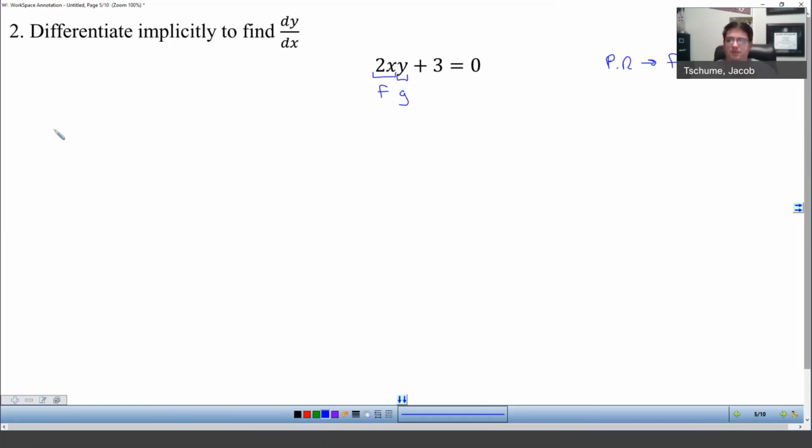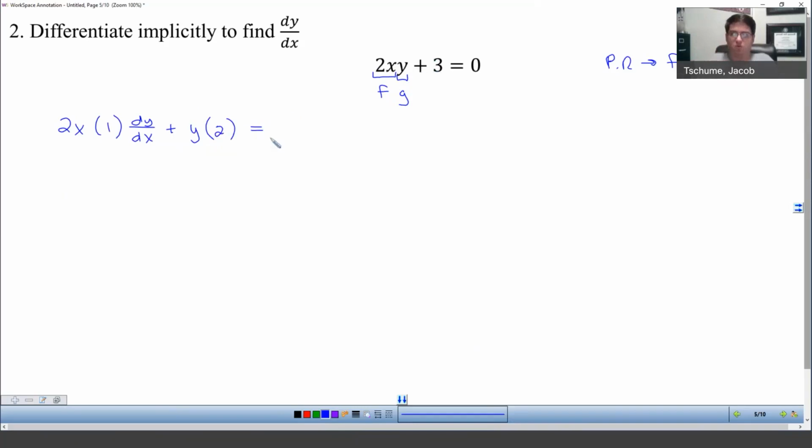If I follow this rule, doing my implicit derivative of the product rule, I'll take my f, which is 2x, multiplied by the derivative of g. Now, the derivative of y is just 1, but since it's a y derivative, you have to add a dy dx term onto it, plus your g function, which is y, times the derivative of f, which is 2. Moving on to the next term, the derivative of 3 is just 0, so that goes away.